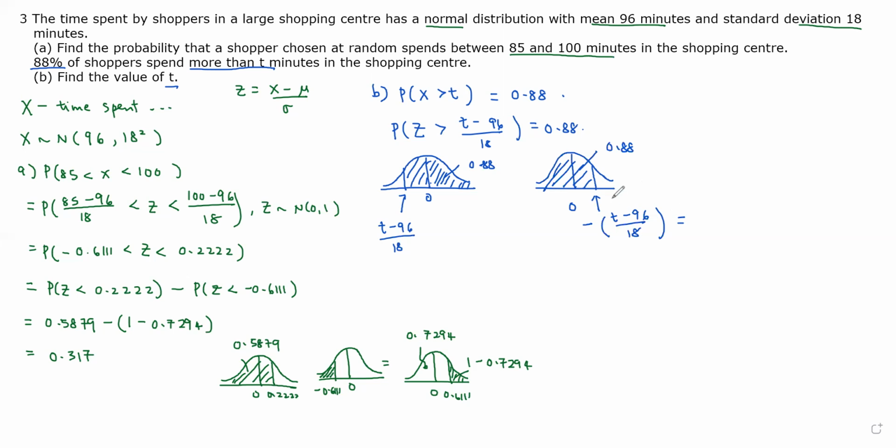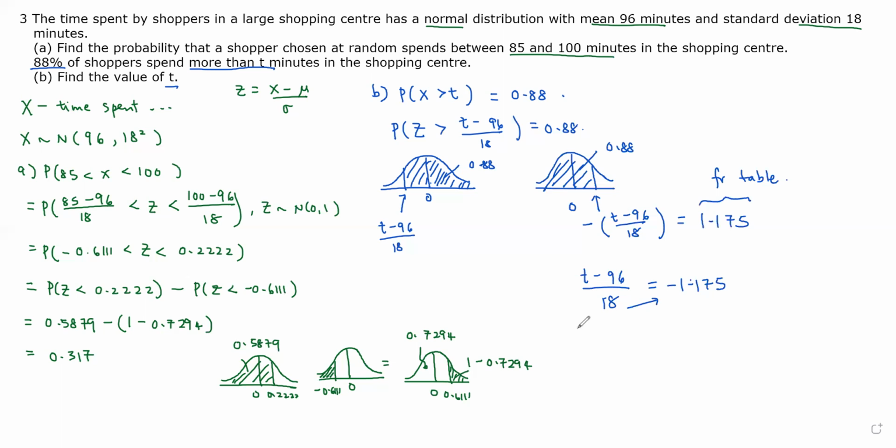From the standard normal table, we get a value of 1.175. This is from the table. Since these two are the same, we can solve for T, multiplying throughout by -1. T minus 96 over 18 is -1.175.